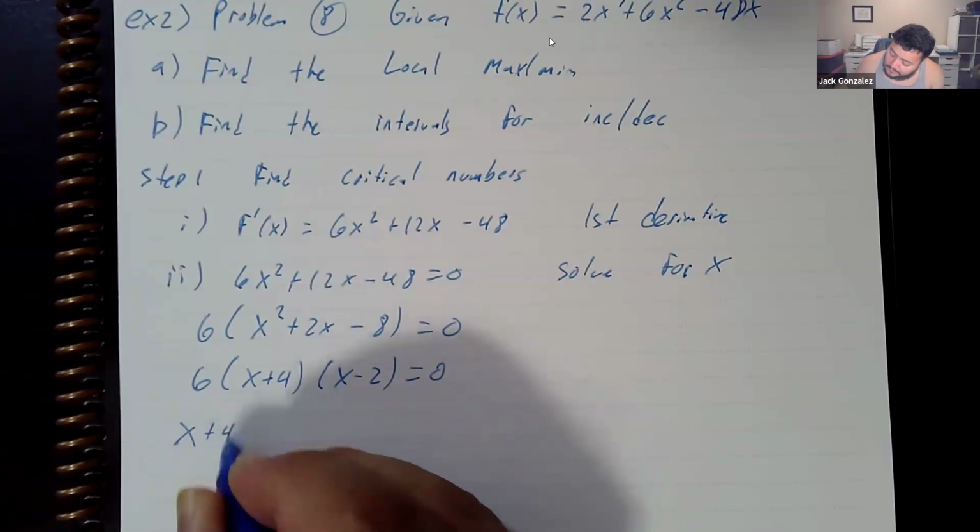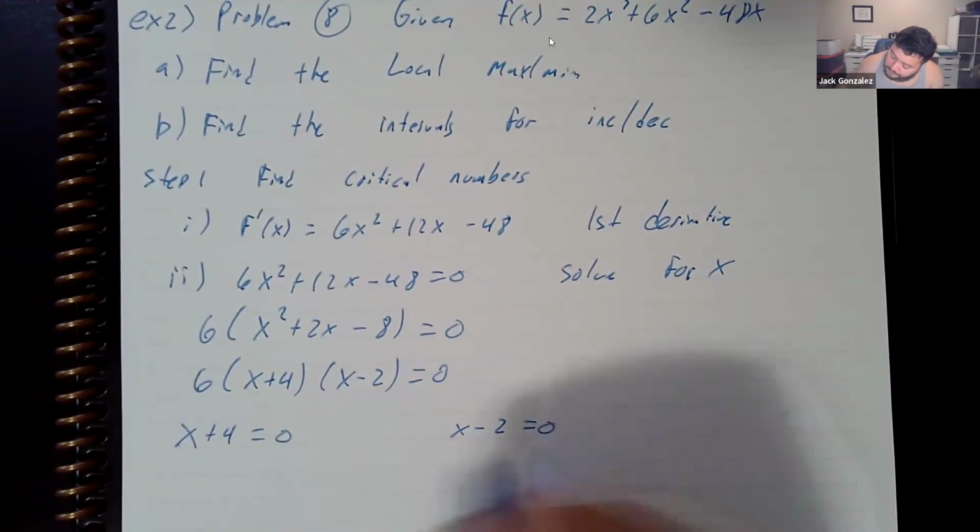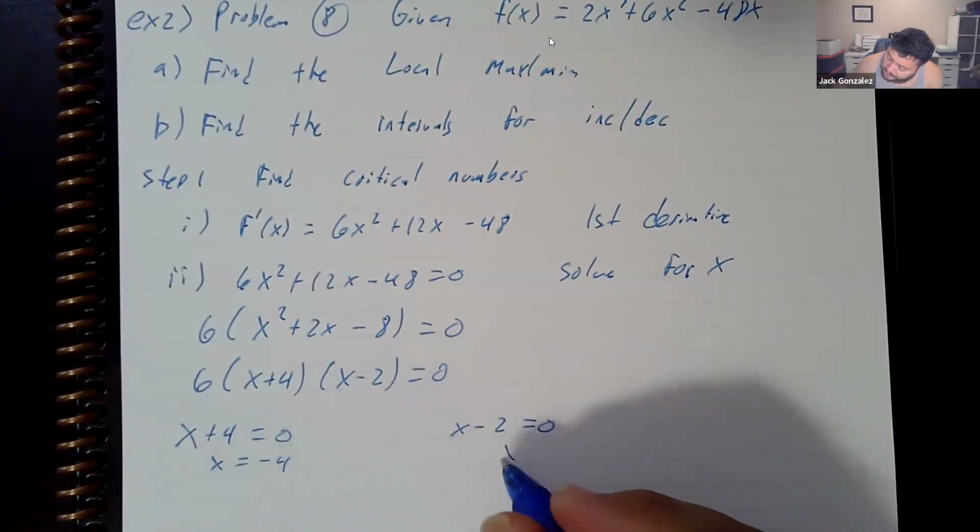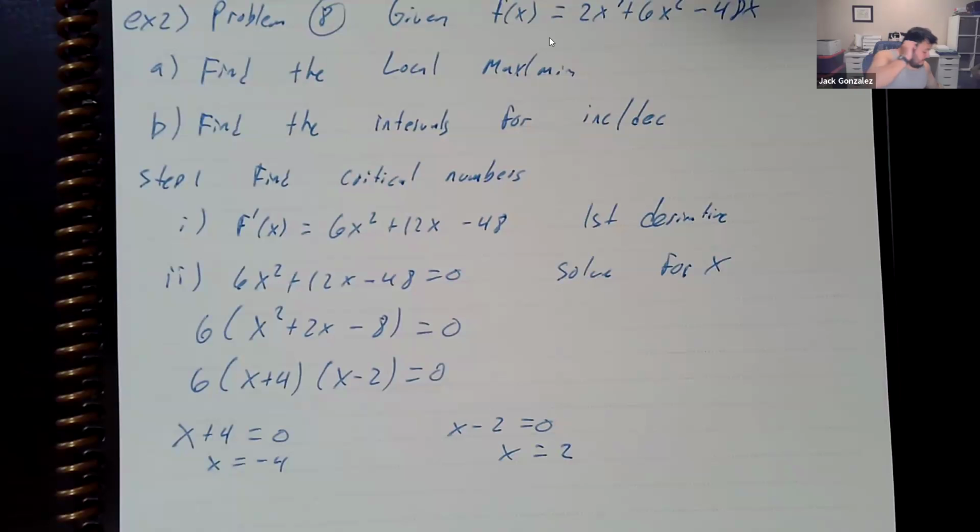So we have two critical numbers. Any questions on the algebra? Is that okay? Or the derivative? Okay. That's step one then.